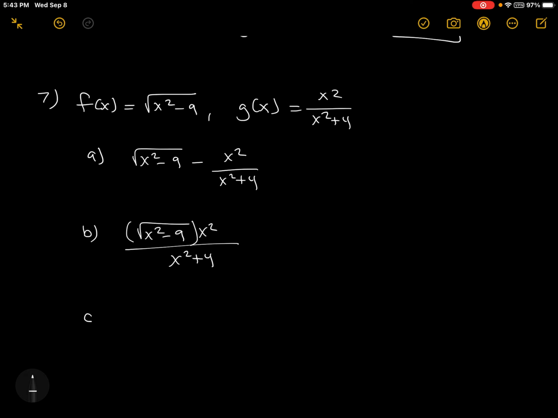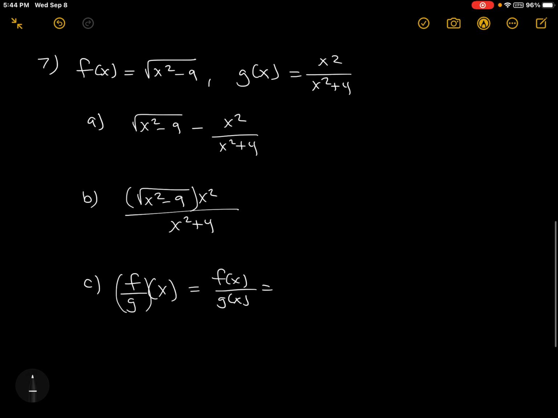And then part C, f of x divided by g of x. This one might require a little bit more of an explanation. Okay, so f over g of x is f of x over g of x. My f of x is the square root of x squared minus 9, and my g of x is x squared over x squared plus 4.